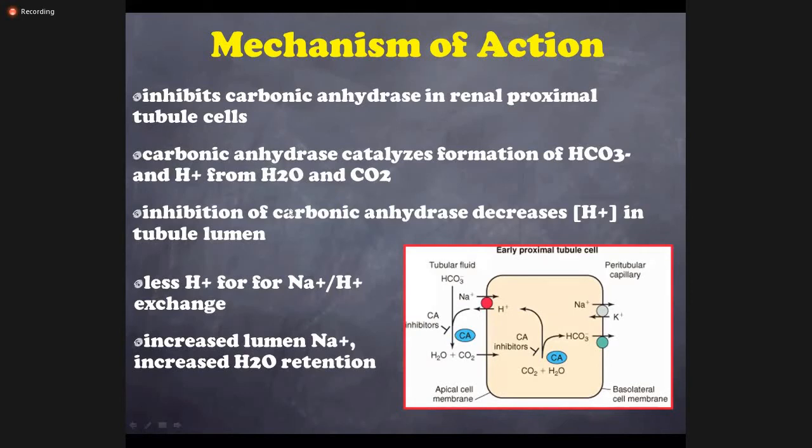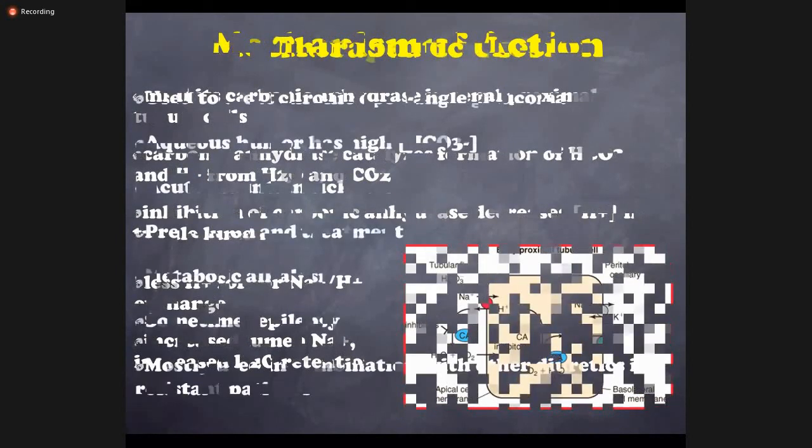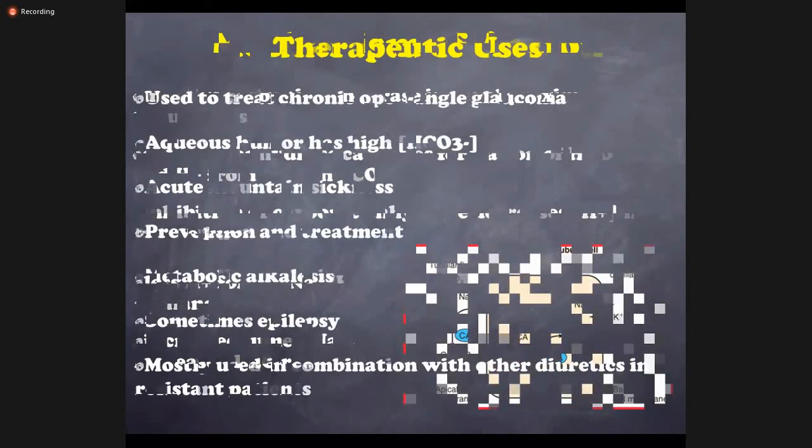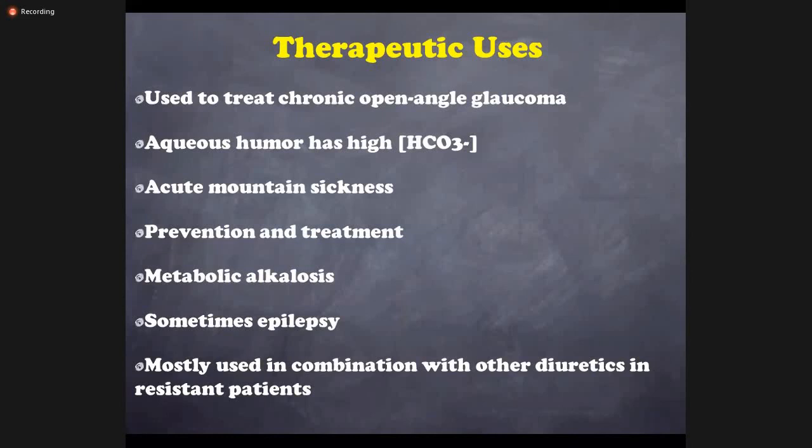Clear? So inhibition of carbonic anhydrase decreases hydrogen in the tubule lumen, so there is less hydrogen for sodium-hydrogen exchange. This increases water retention in the lumen, and ultimately it is excreted out.